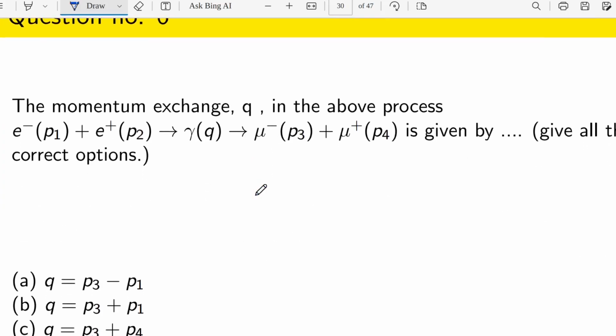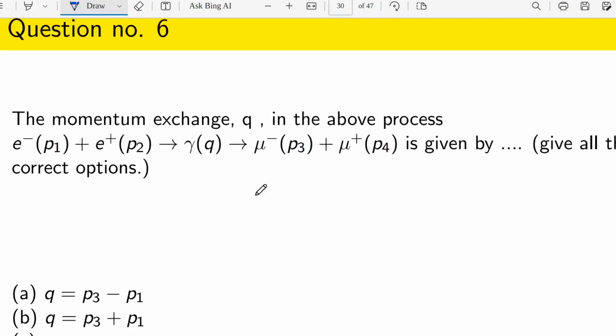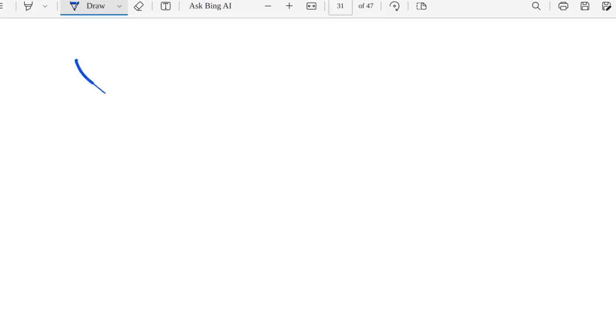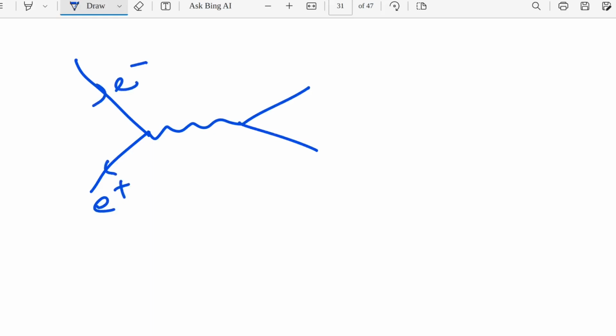Okay, now coming to the next question. The momentum exchange Q in the above process is given by which option? That is a very simple one, because we have already written it: E minus, E plus, mu minus, mu plus, and this is gamma.